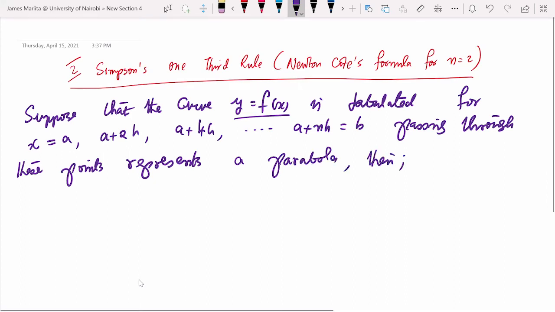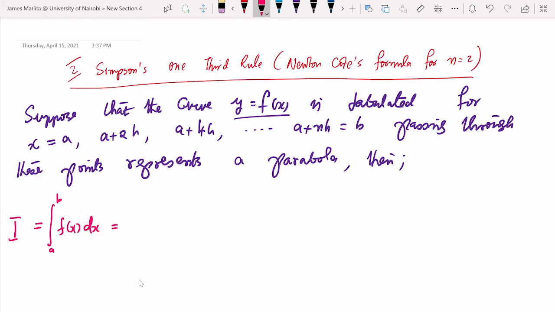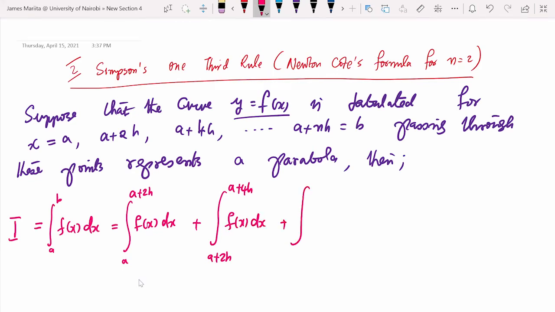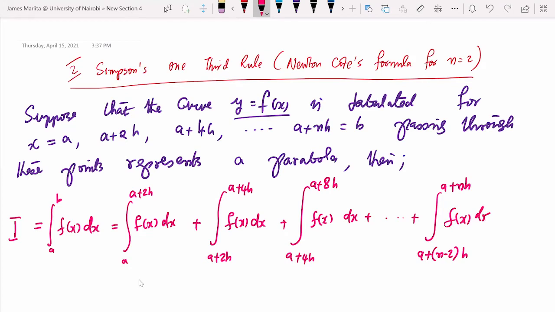Then we shall have the following: our integral, the integral from a to b of f of x with respect to x, will be equal to the integral from a to a plus 2h of f of x dx, plus the integral from a plus 2h to a plus 4h of f of x dx, plus the integral from a plus 4h to a plus 6h, all the way up to the integral from a plus (n minus 2)h to a plus nh of f of x dx. Let's call that equation 1.